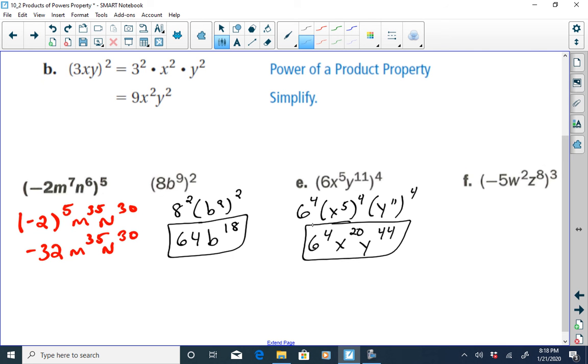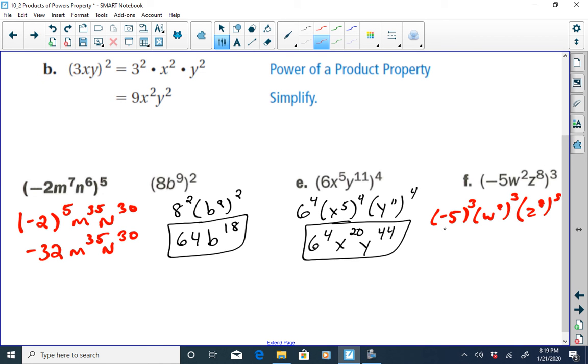All right, and then this last example here, we have three factors, negative 5 times w to the second power times z to the 8th. And each of those three factors has to be raised to the third power. So that's going to be negative 5 to the third power times w squared raised to the third power times z to the 8th, also raised to the third power.